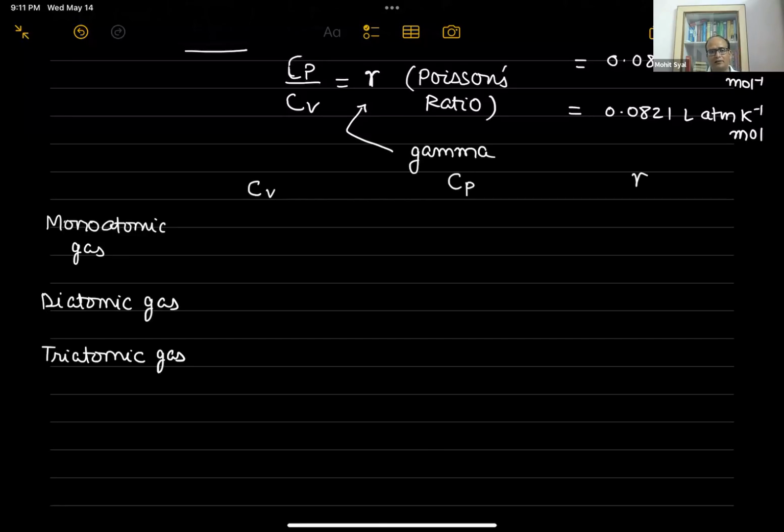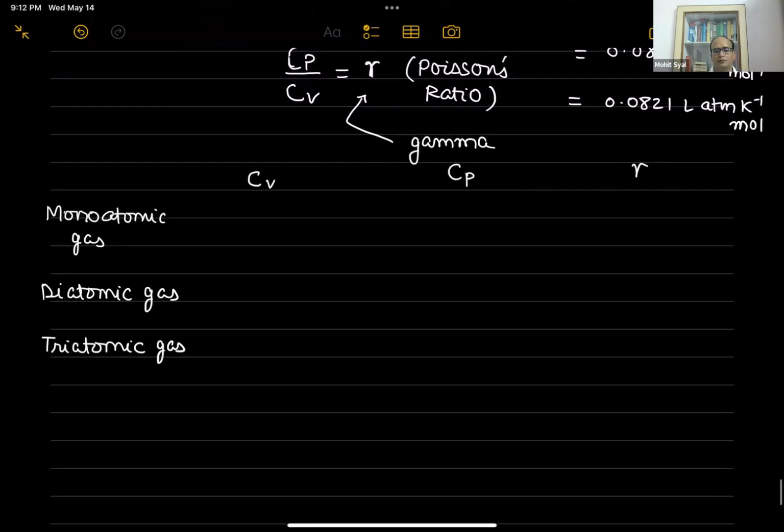Monatomic gas means a gas which has only one atom. Example: noble gases. Helium. Nabila, what could be another noble gas? Neon.